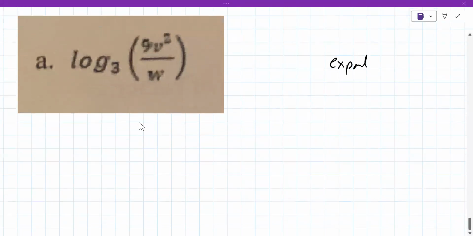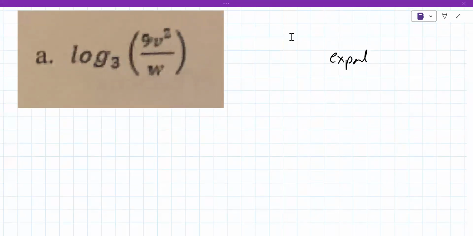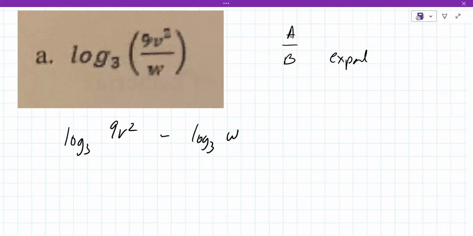This one, you've got a top and a bottom, and the quotient, the fact that it's division, becomes a difference. So it's log base 3 of 9v squared minus log base 3 of w. Hopefully you saw those expansion formulas in class.